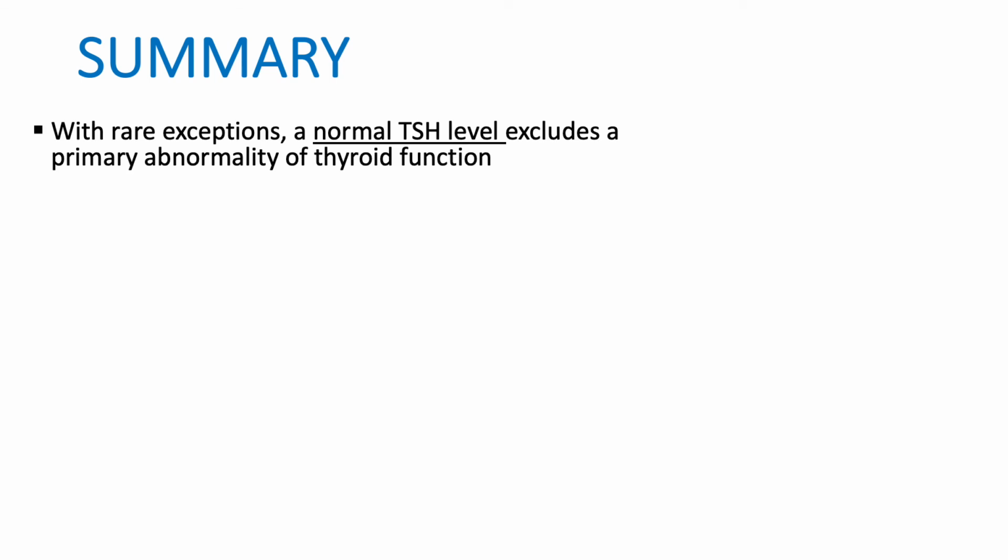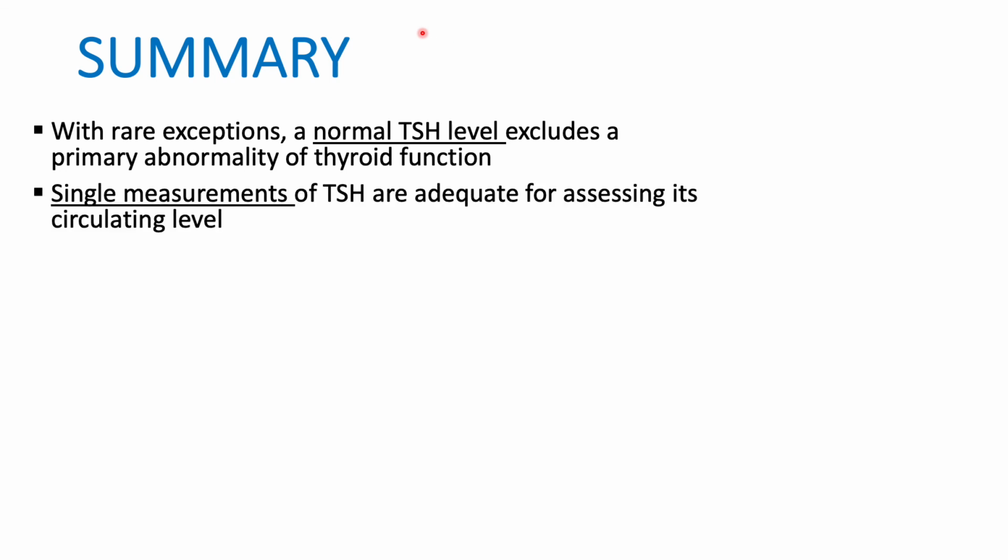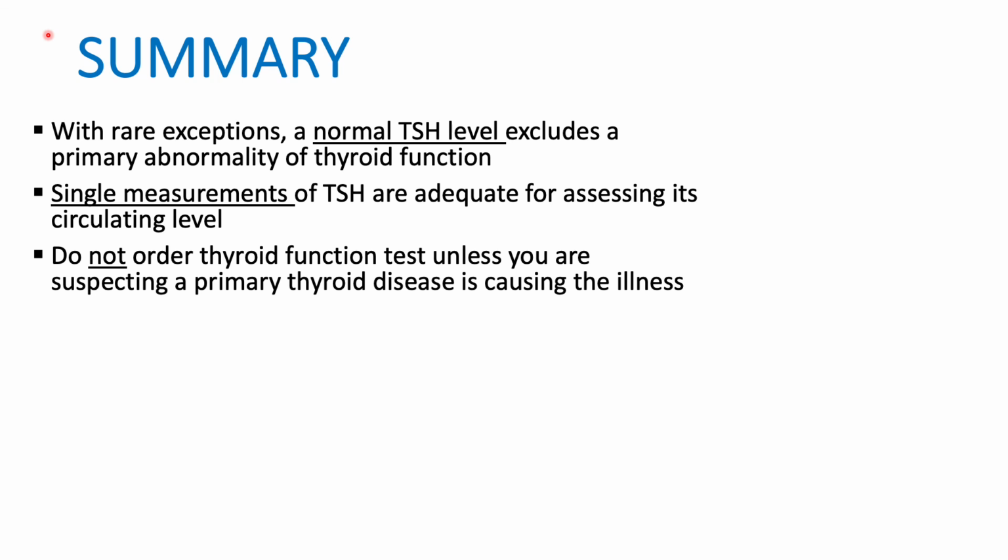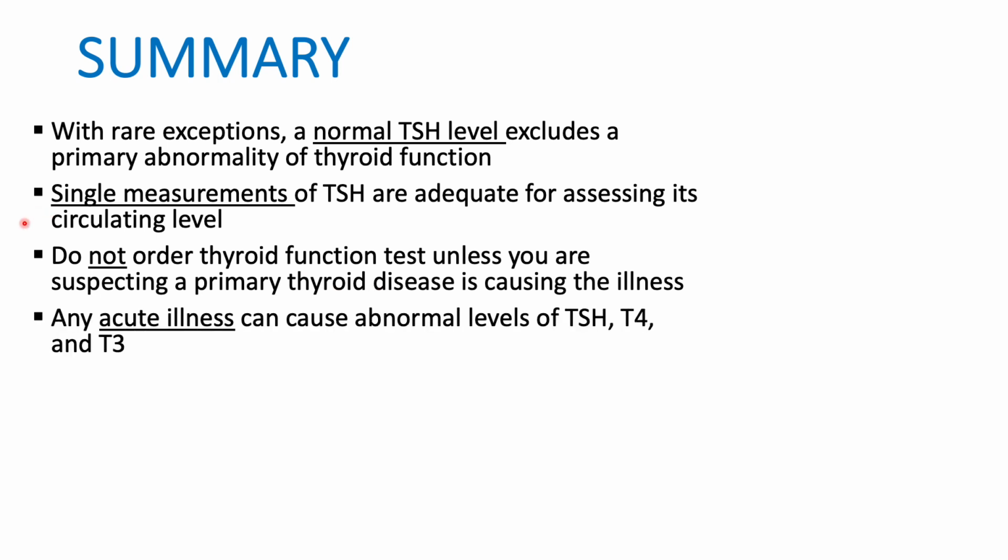Just to summarize what we talked about: with rare exceptions, a normal TSH level almost excludes a primary abnormality of the thyroid function test outside of acute illness, and a single measurement of TSH is adequate for assessing its circulating level despite its pulsatile nature. And do not order thyroid function tests unless you're really suspecting a primary thyroid problem as the cause of the acute illness, because the levels can change in these situations.